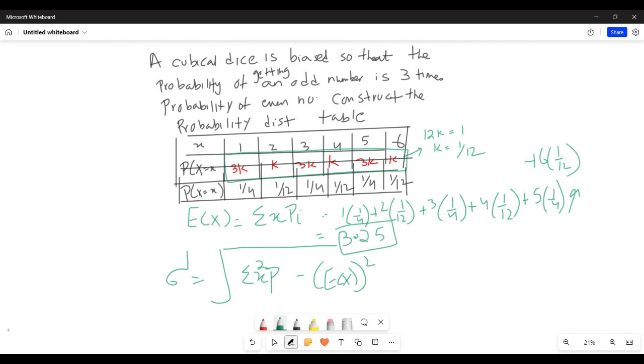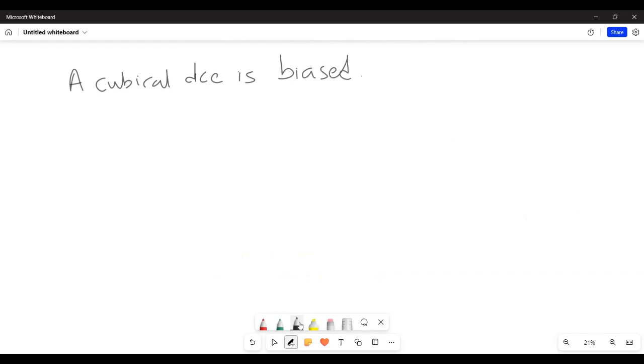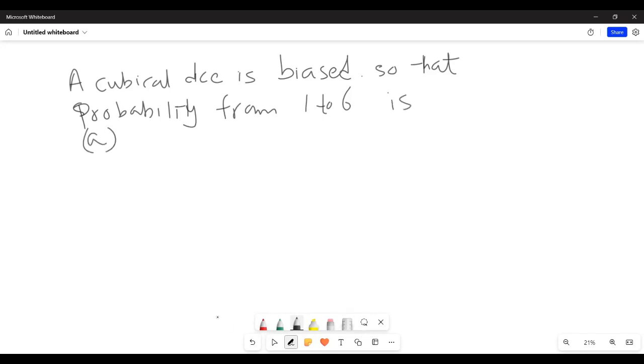A cubical dice is biased. Okay. So that probability of 1 in 6, from 1 to 6, is part A proportional to the score?